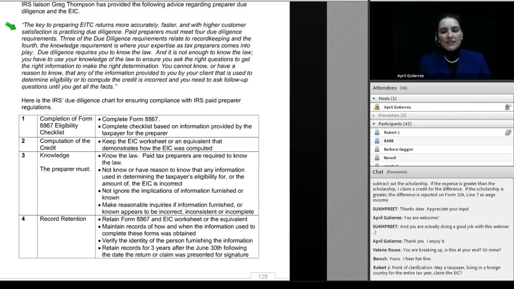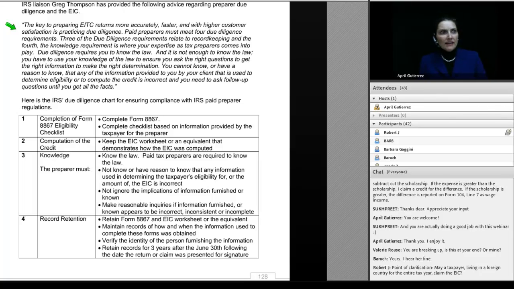The key to preparing EITC returns more accurately, faster, and with higher customer satisfaction is practicing due diligence. Paid preparers must meet 4 due diligence requirements. 3 of the requirements relate to record keeping, and the 4th, the knowledge requirement, is where your expertise as tax preparers comes into play. Due diligence requires you know the law.